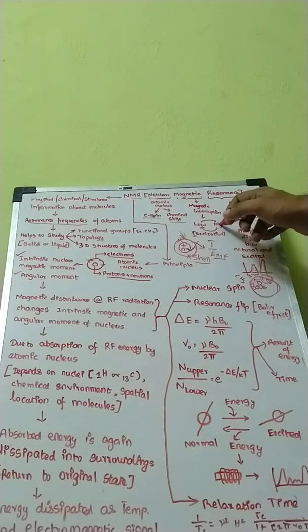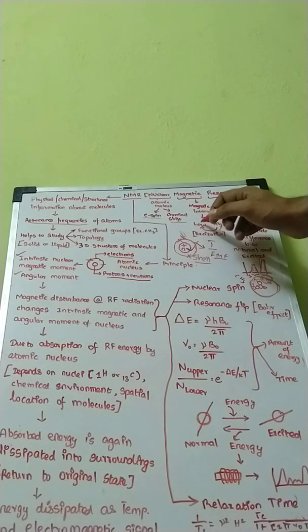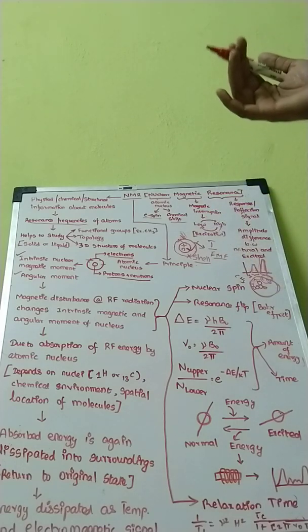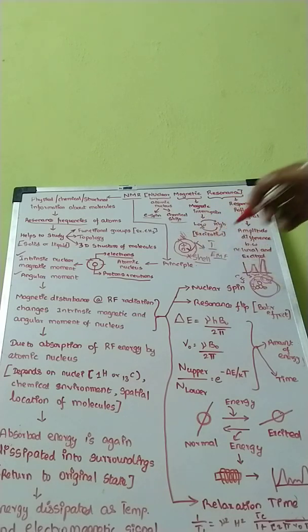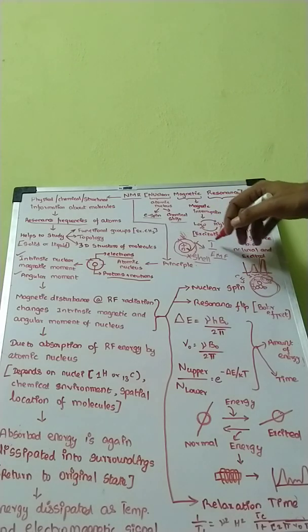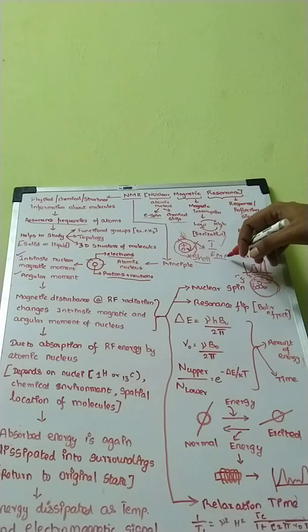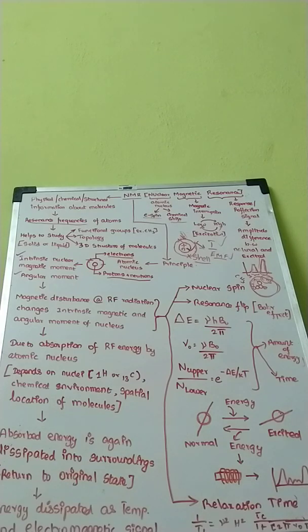When this excited state is coming back to the lower, normal, original condition, the excess energy absorbed by the atom is released into the surrounding environment, which is technically known as dissipation of energy. This energy may be in the form of temperature, or it may be in the form of electromagnetic radiation or electromagnetic frequency. So what is being done by exciting the atom with a magnetic field?